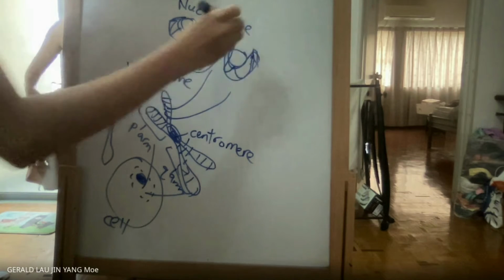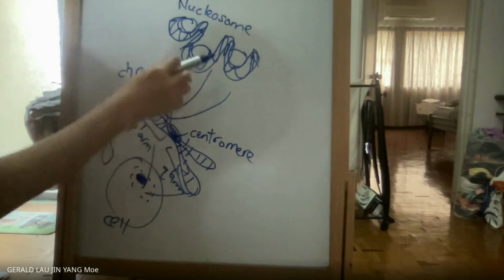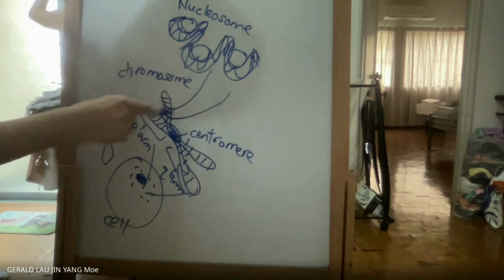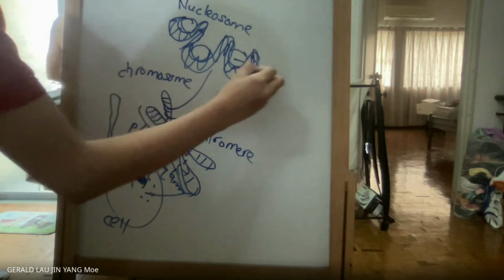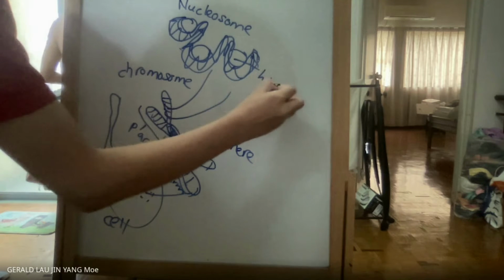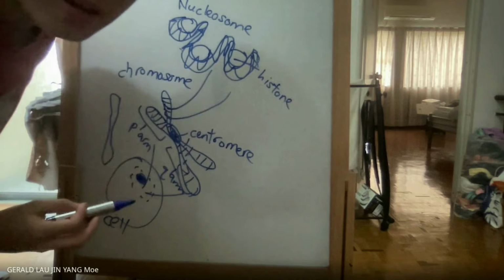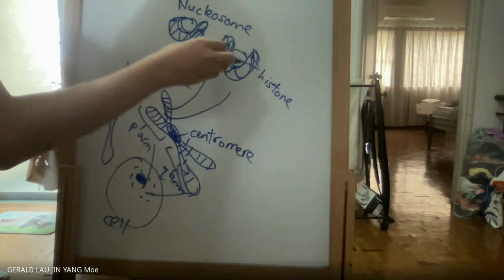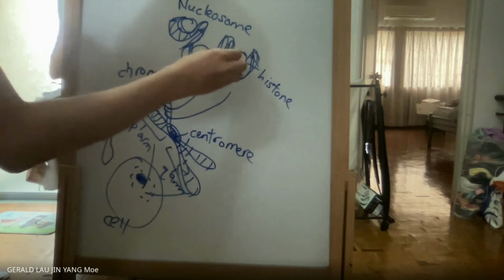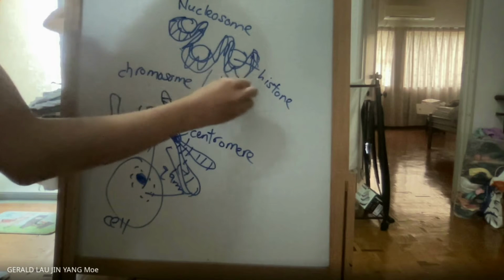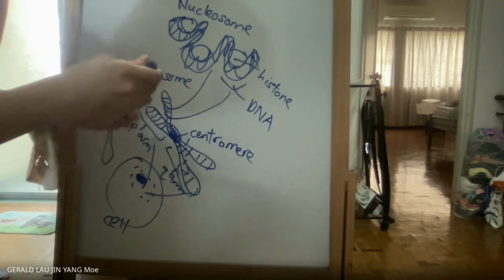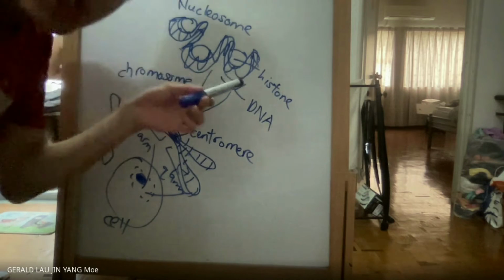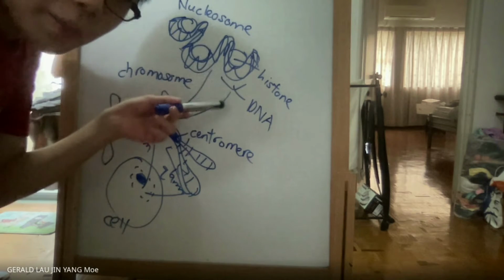Nucleosomes are compressed together in the chromosome. This protein is histone, and histone does not contain genetic information. All the genetic information is stored in the DNA, deoxyribonucleic acid. So your genes, everything, is in your DNA.